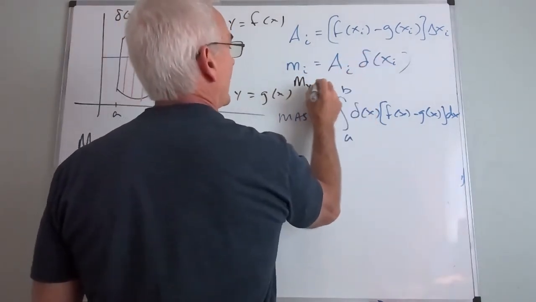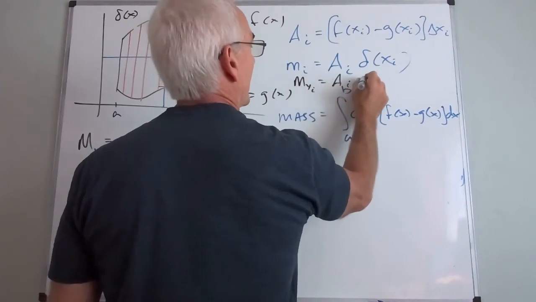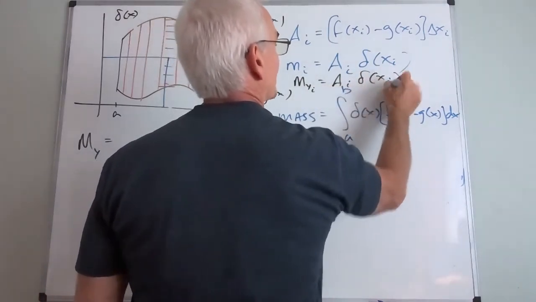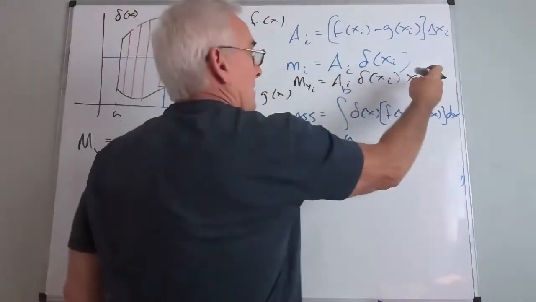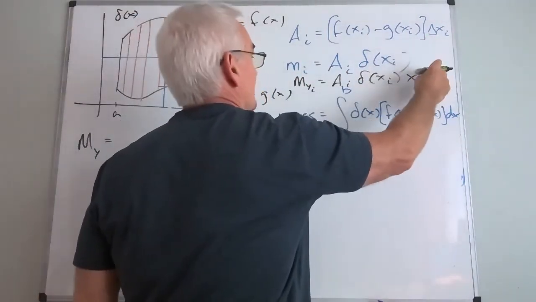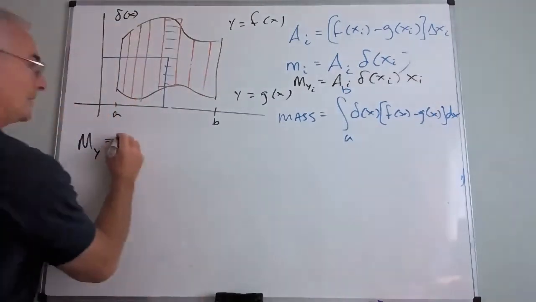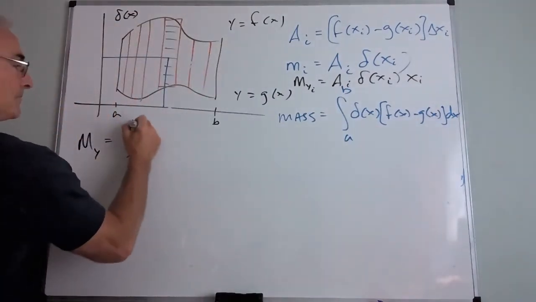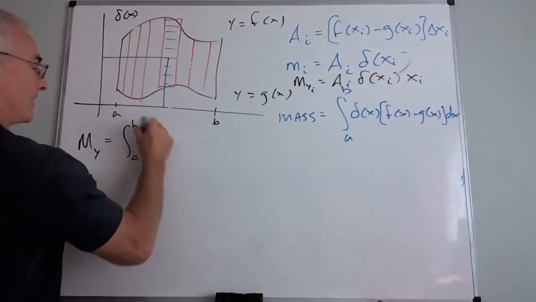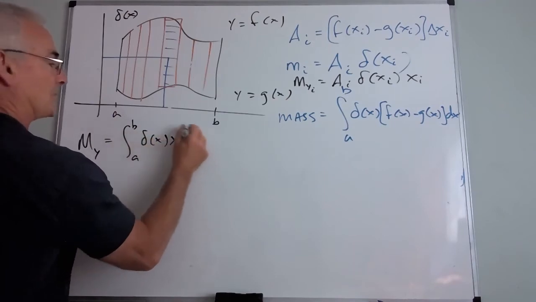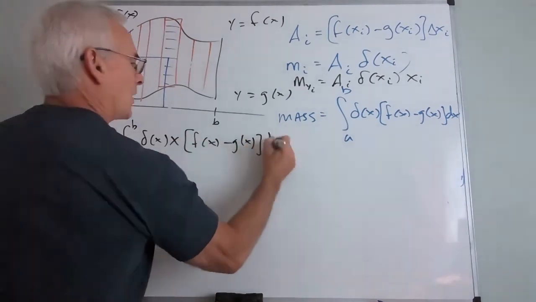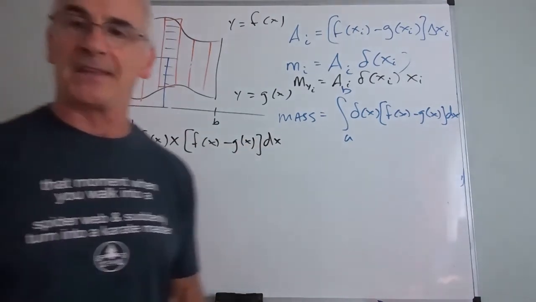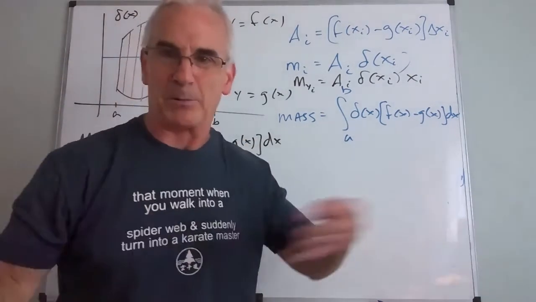Capital M y i is going to be the ith area times the density and then times the x. That's it, because I'm multiplying mass times an additional x. So this integral is really easy to state. It's probably going to be easy to do because your f's and your g's, the one thing we tend to do in Calc 2, we limit the f's and the g's to things like lines and parabolas.